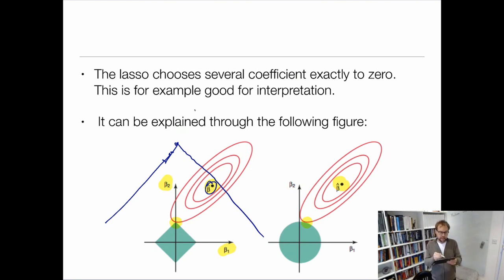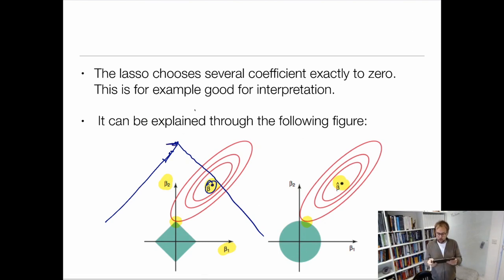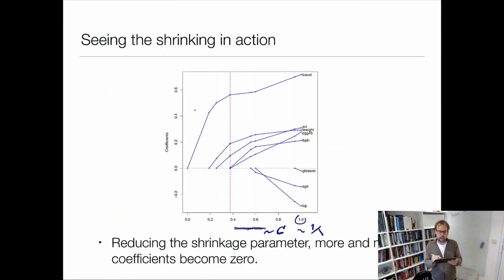This value of C, for which it just touches it, is simply chosen to be 1 in this example. So this is the value of C where I effectively have no constraints. Now all coefficients are different from 0.